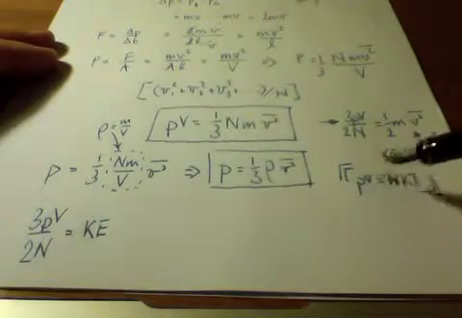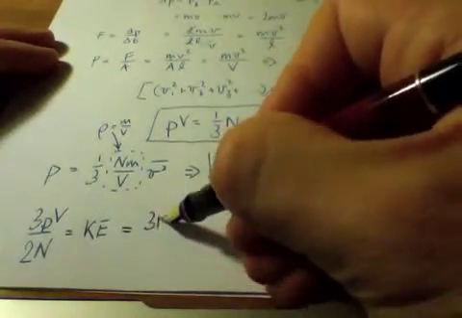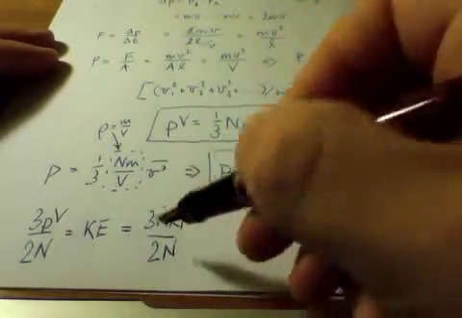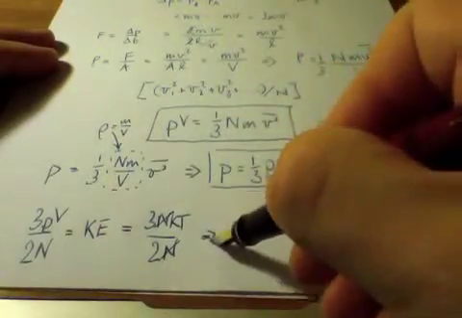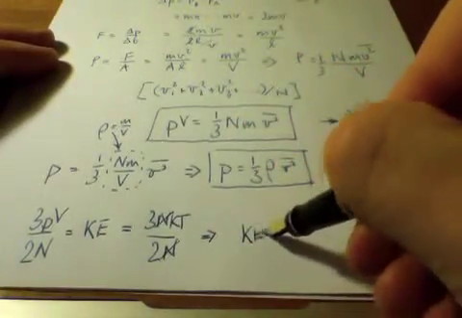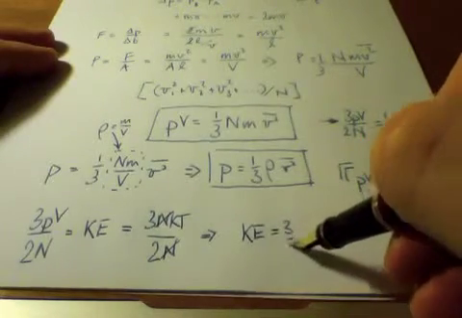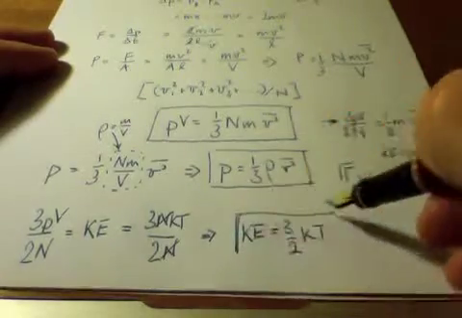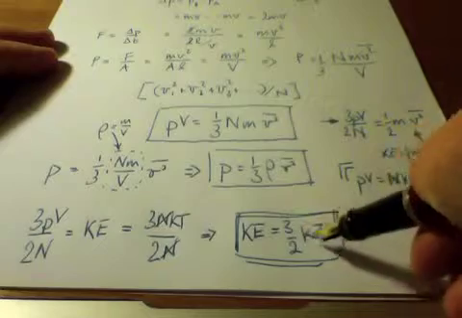And I substitute my PV into this equation down here. I come out with 3NKT over 2N gives me my kinetic energy. With a little bit of cancelling out, I can say to myself, the average kinetic energy of a gas, an ideal gas like we're talking about, is 3 over 2 kT.